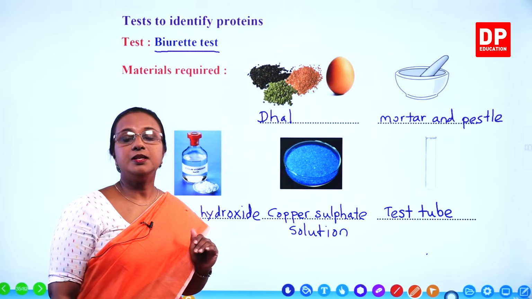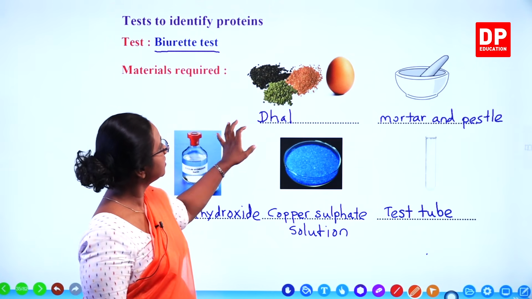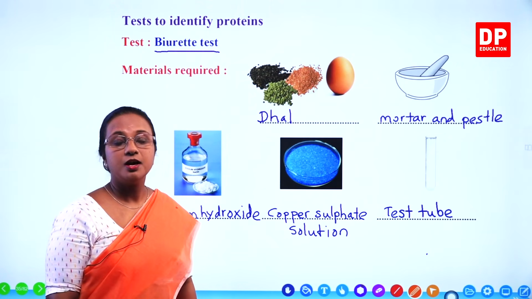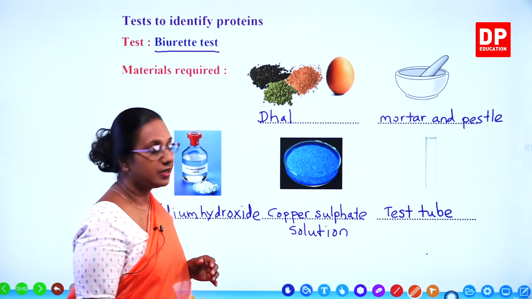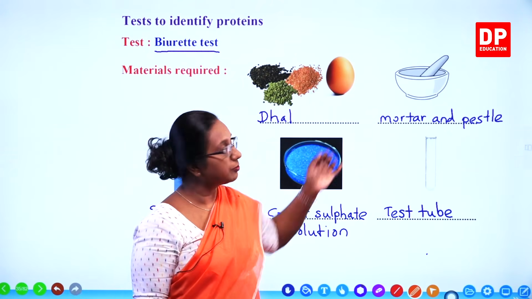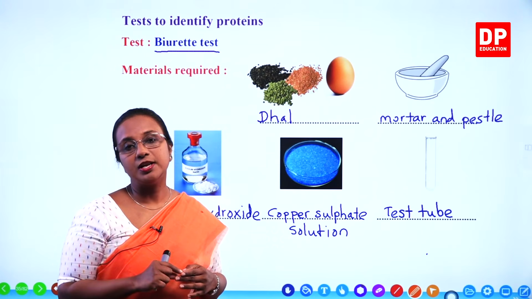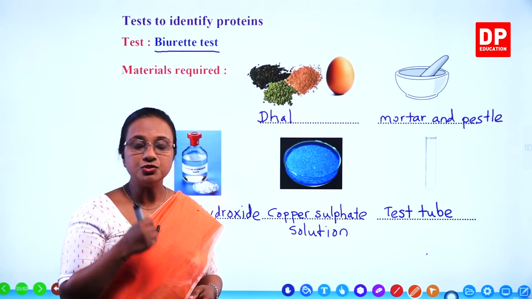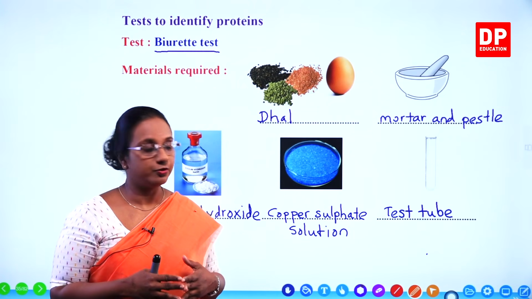The method in which we are going to carry out this test: we need to first get the solution of protein. So for that, we take a small amount of, let's say, dal into the mortar. We add a very small amount of water, just to grind it and extract the protein from the food item.